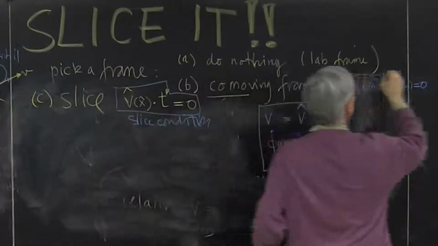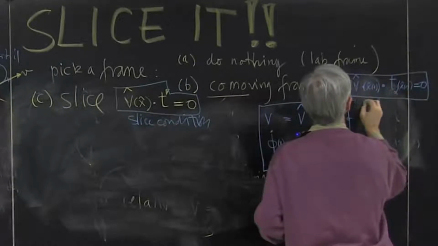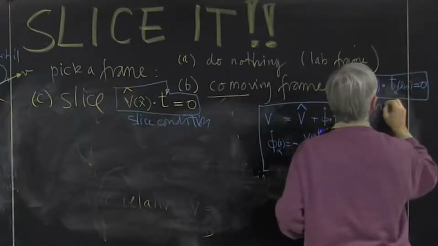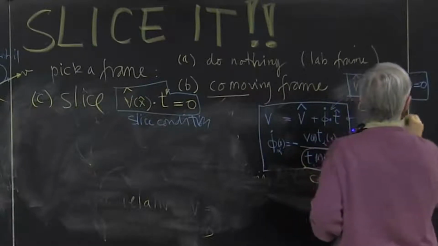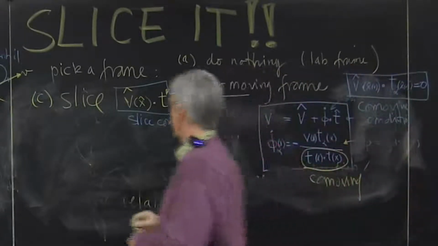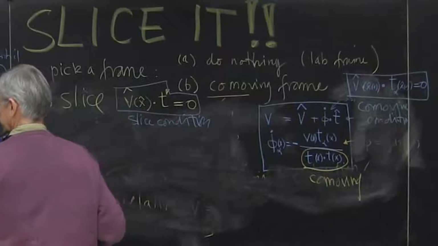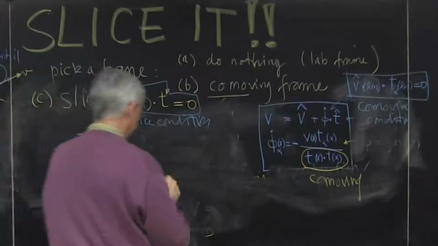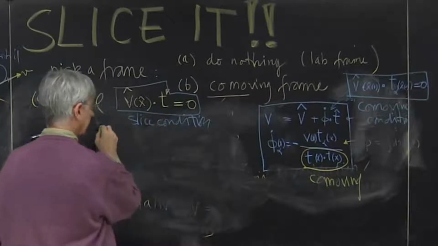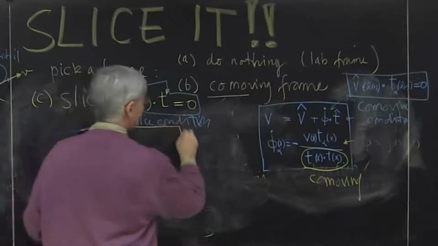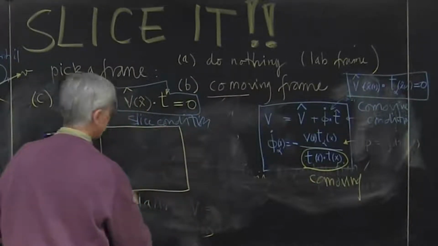This is a co-moving condition. And then the same thing works out. I dotted, and for the abelian case, it's totally trivial. And I get equations that look very much like these ones.